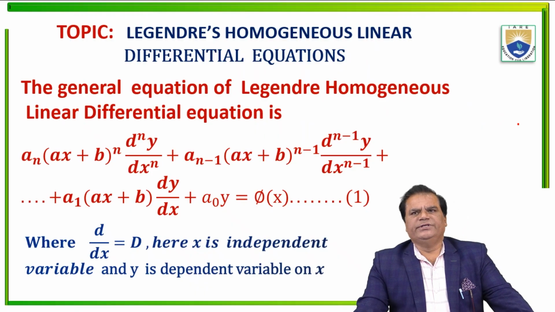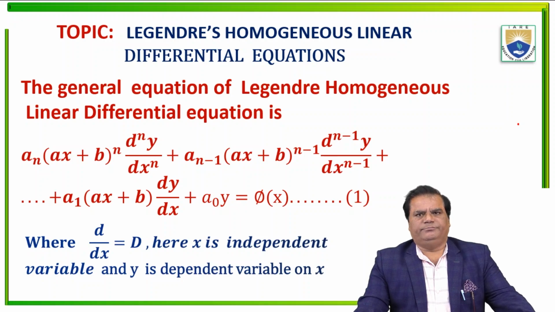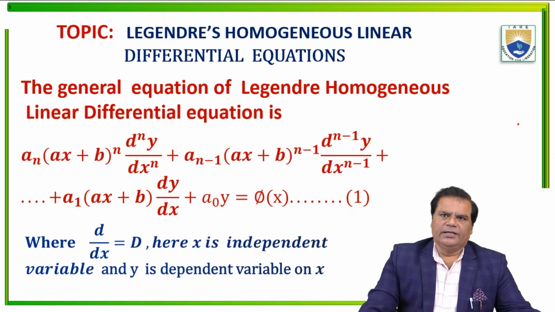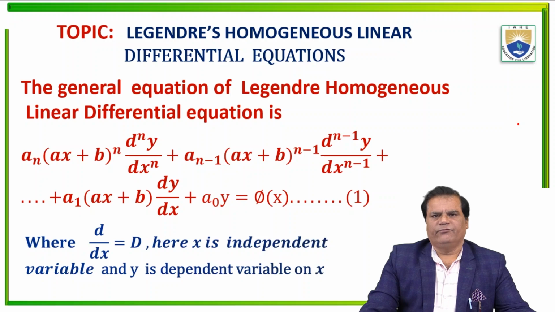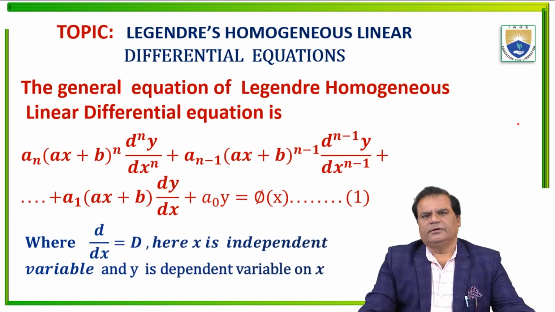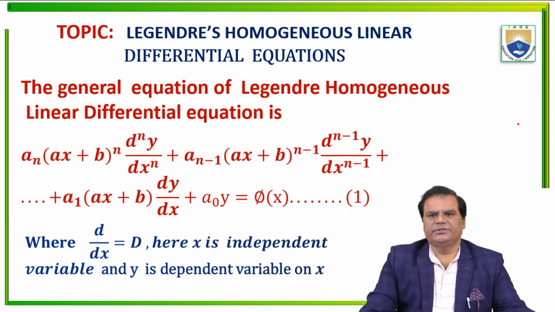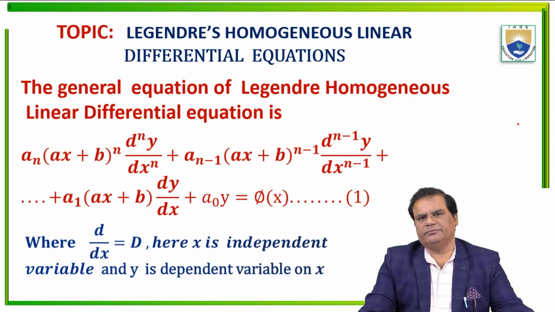So, Legendre homogeneous linear differential equation. The general equation of Legendre homogeneous linear differential equation is given by the following formula. That differential equation is known as a Legendre homogeneous differential equation.